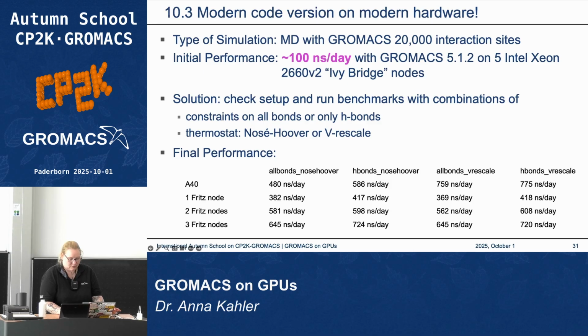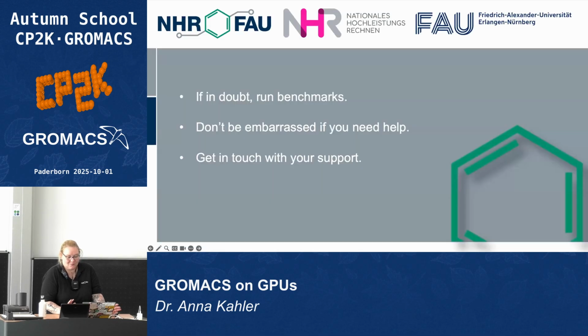In the end, any questions there with setup? Okay, so in the end, what I can tell you on how to tweak GROMACS performance is to run benchmarks, ask for help, get in touch with your local support, either your IT support that has provided you with the workstations or the HPC support at your compute center.